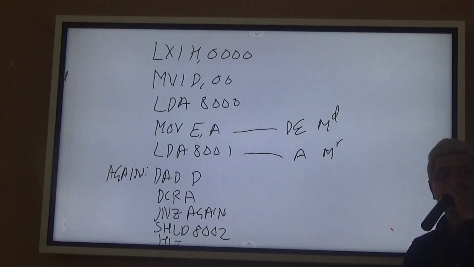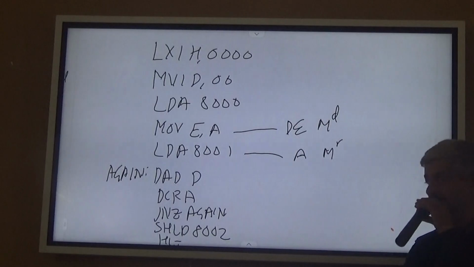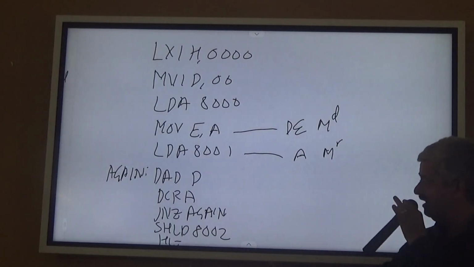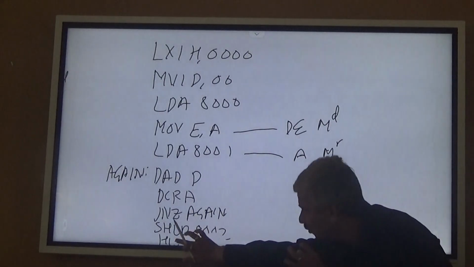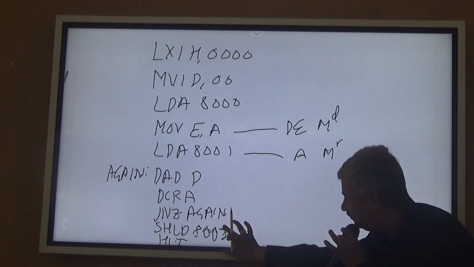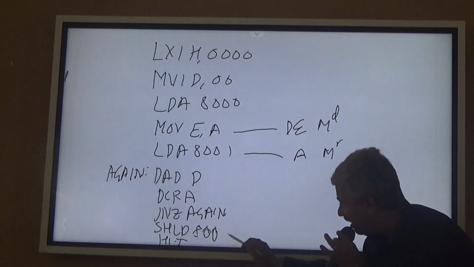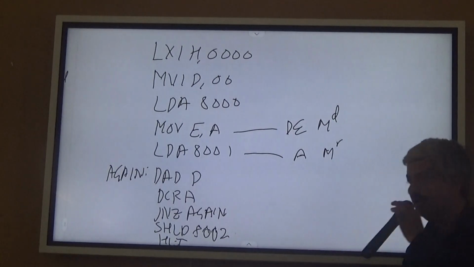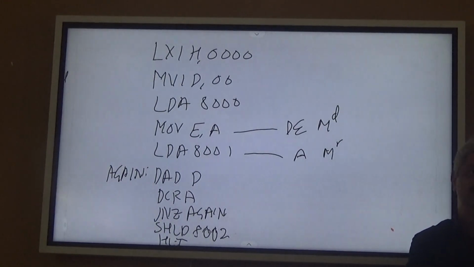No question of overflow because HL is 16 bit. So there is no issue. When A becomes 0, it will come out. SHLD 8002, it will store the result at 8002, that's all. Is it right?